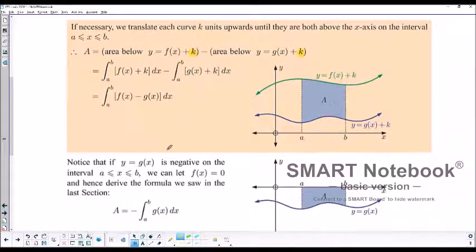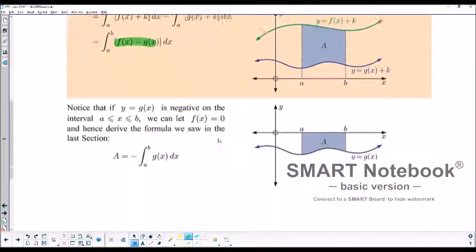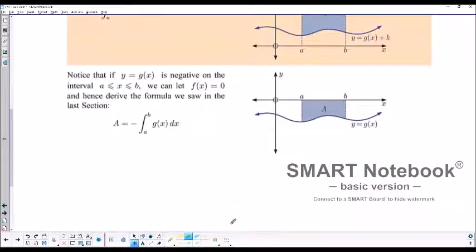We subtract them, and we end up getting exactly f of x minus g of x evaluated from a to b. So whether one function is above the x-axis and the other is below or not, the area between those two functions is the integral of the difference between the upper function and the lower function.